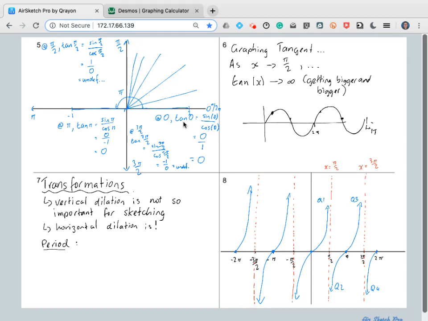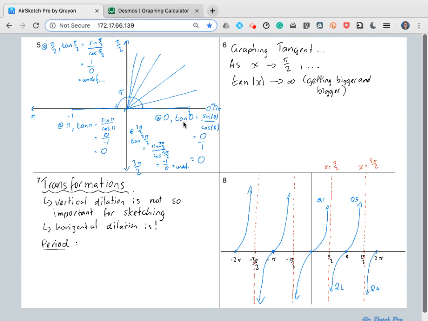However, if you have a look at the graph that we've just drawn, can you see how the parent graph repeats itself? Even if you just look between the two asymptotes, there's a range of pi there. So the period for a tan graph is pi, not 2 pi. It repeats itself every pi.